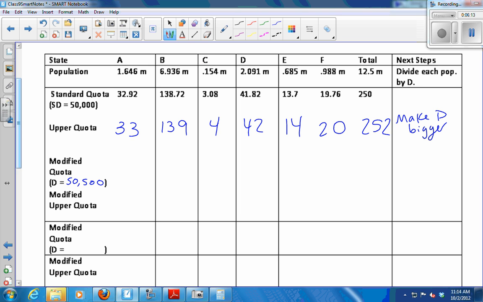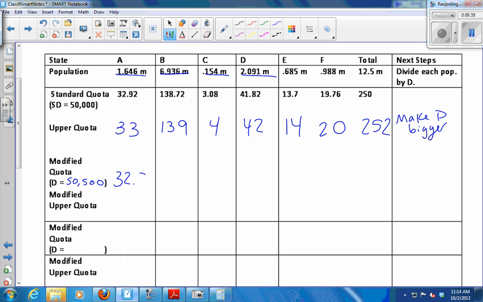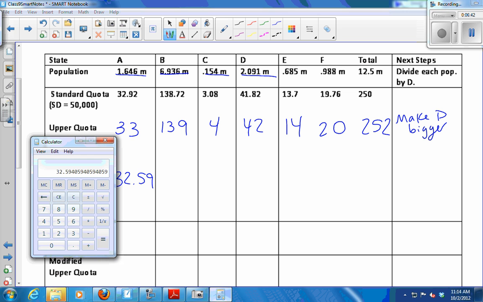So now you have to take each state's population and divide them, instead of by 50,000, by 50,500. Okay, so I have 1,646,000 divided by 50,500, and I get 32.59. And then 6,936,000 divided by 50,500, 137.35.